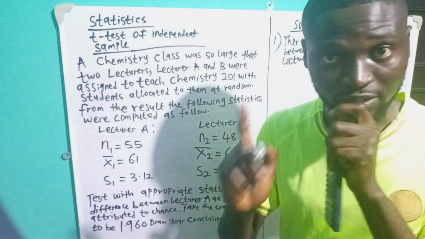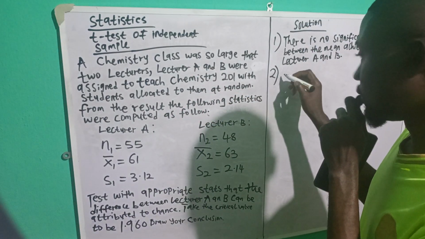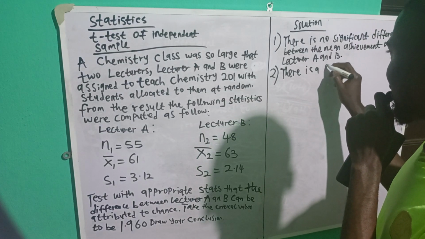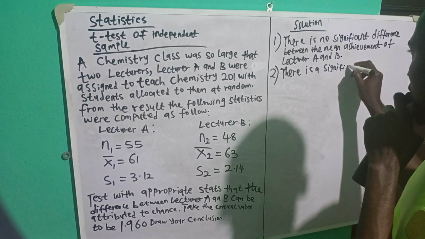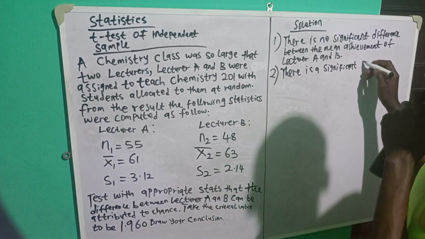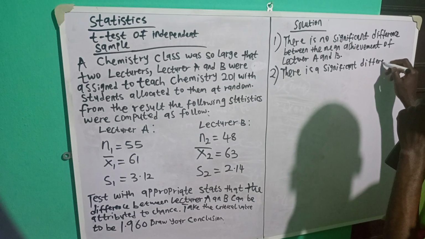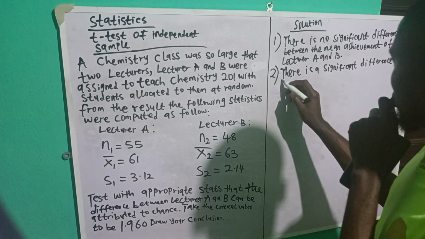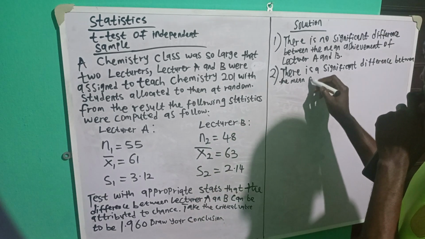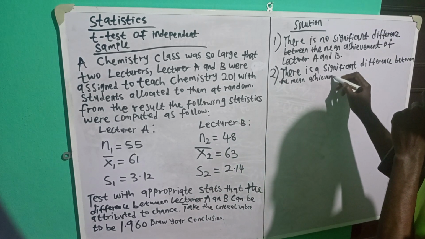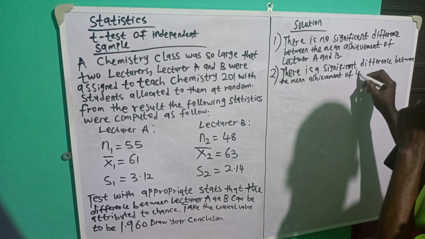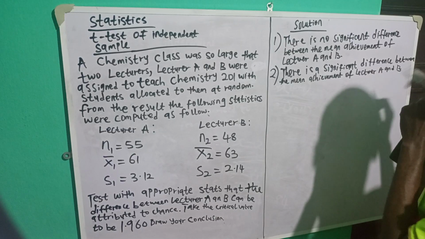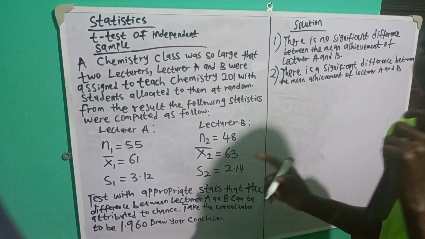Then let us state the alternative hypothesis. The alternative hypothesis for this is that there is a significant difference between the mean achievement of lecturer A and B. So this is for the alternative hypothesis.